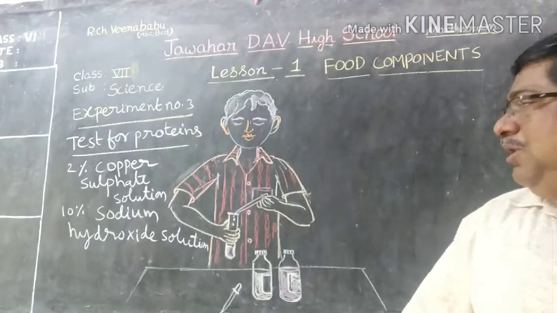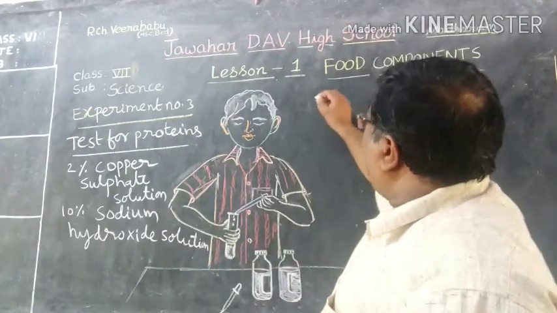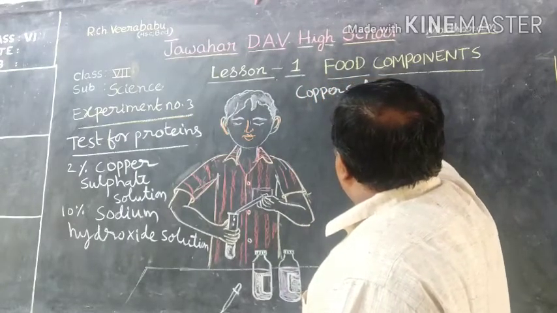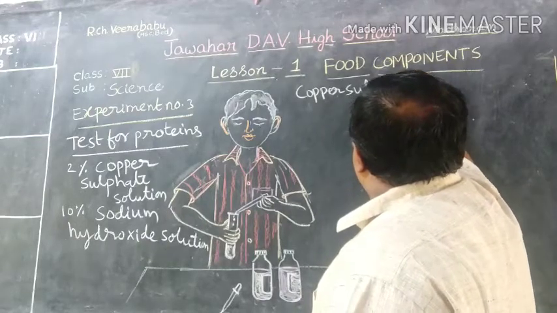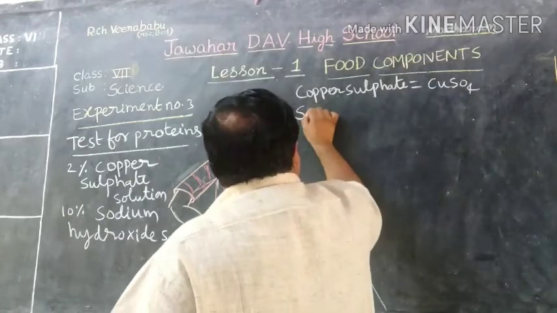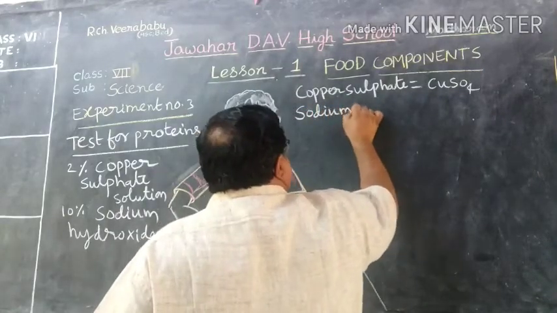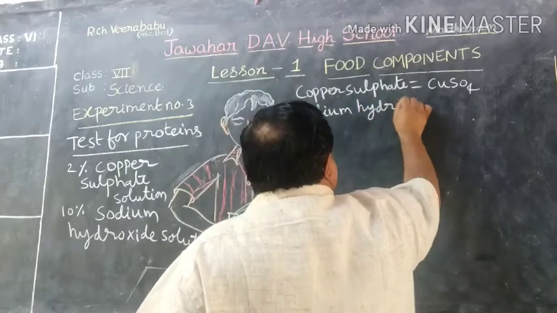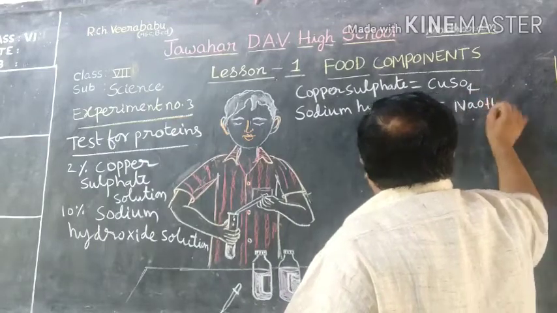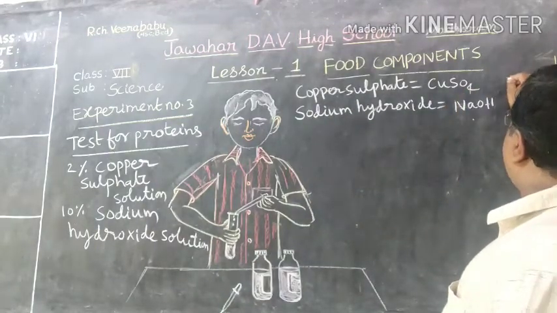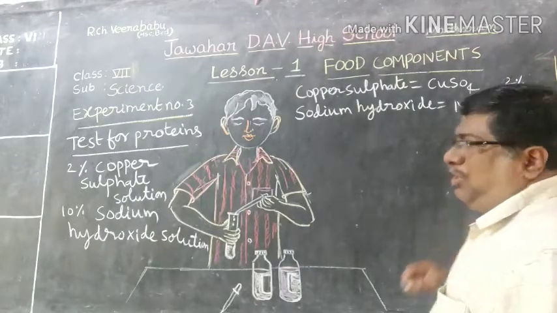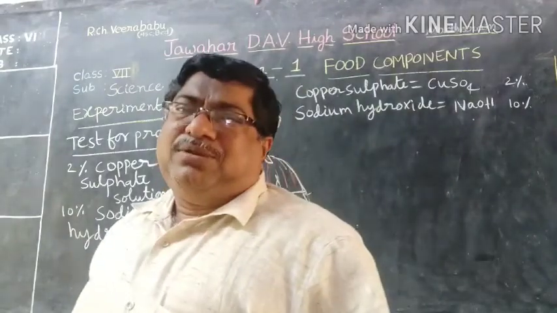Now previously you know the copper sulfate formula is CuSO4, next sodium hydroxide equal to NaOH. Now copper sulfate solution is 2%, sodium hydroxide solution is 10%.